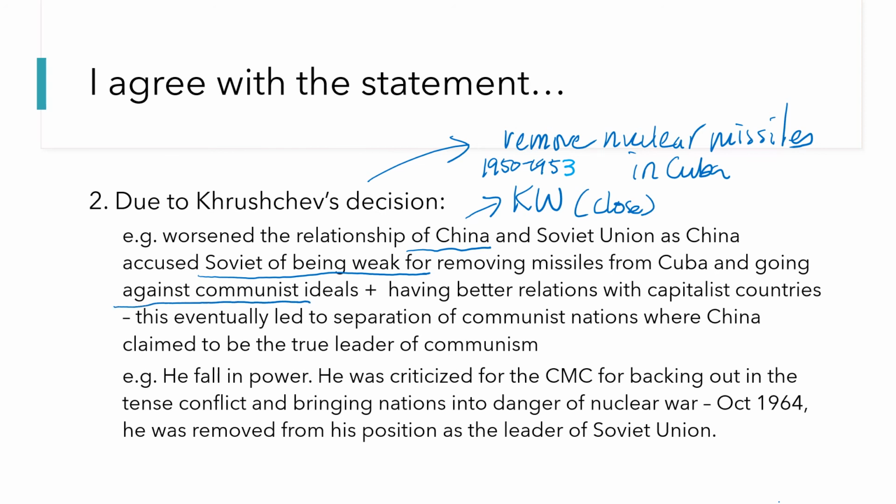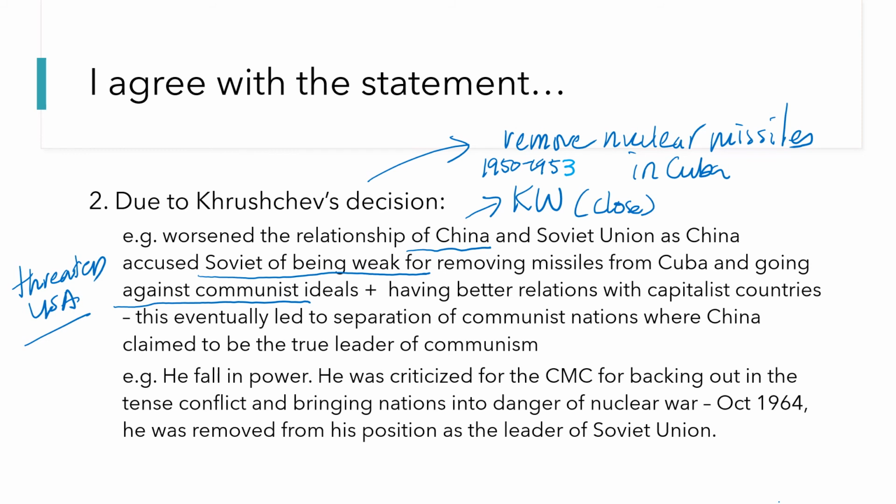I would say the communists in China were a bit more hardcore in comparison, because they felt this was the only time you could threaten the USA. The USA had a lot more capacity and a lot more nuclear power, so it was quite impossible to threaten them. But having missiles in Cuba gave them that upper hand. Khrushchev initially had the upper hand, but with negotiation with Kennedy, there was no more upper hand.